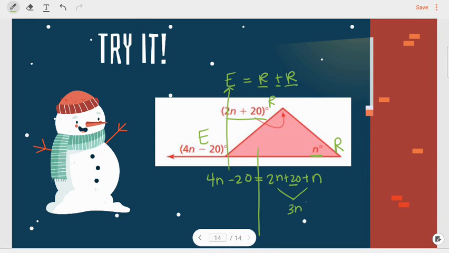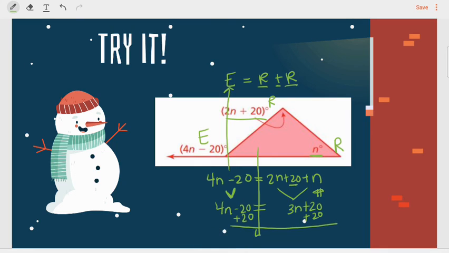Nothing combines with the 20, so I bring down plus 20. And there's nothing to combine on the left side, so I bring down 4n minus 20. The next thing I do is look to see which side has a bigger variable, which is this side. I'm going to make this my variable side and this my number side. Since this is my variable side, get rid of anything that doesn't have a variable, so plus 20 and plus 20, which results in 4n is equal to 3n plus 40.